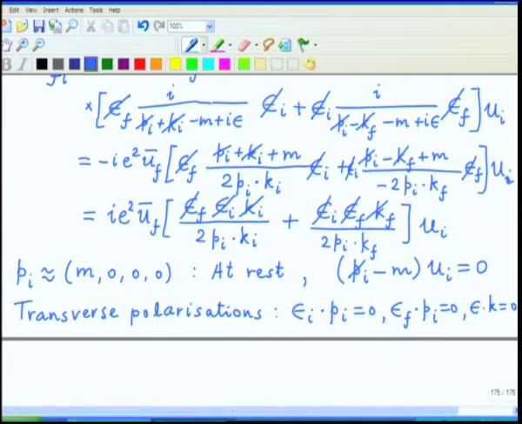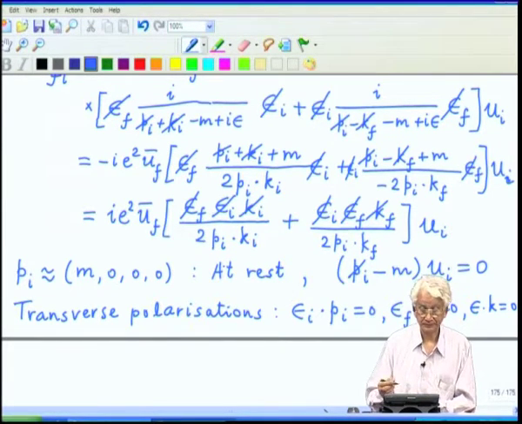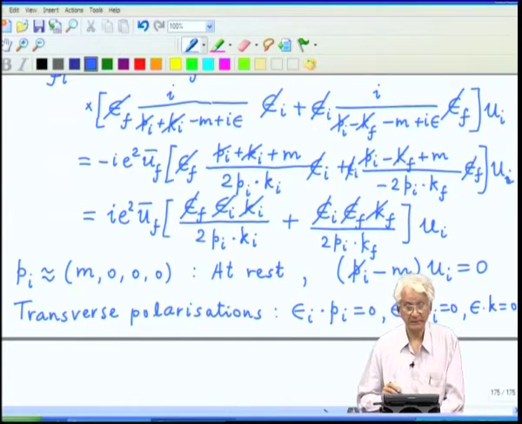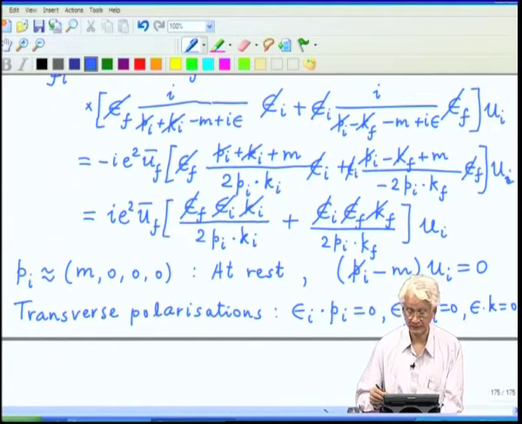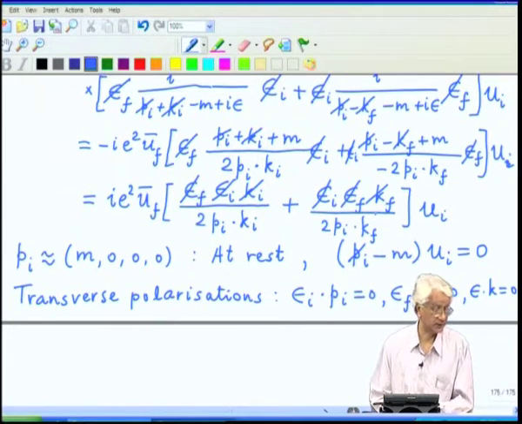At this stage there is not much else one can do, but the structure is in a form where one can see the various symmetries explicitly. In particular, there is this symmetry between the two contributions which comes from the two diagrams, and that is very obvious in this particular structure.